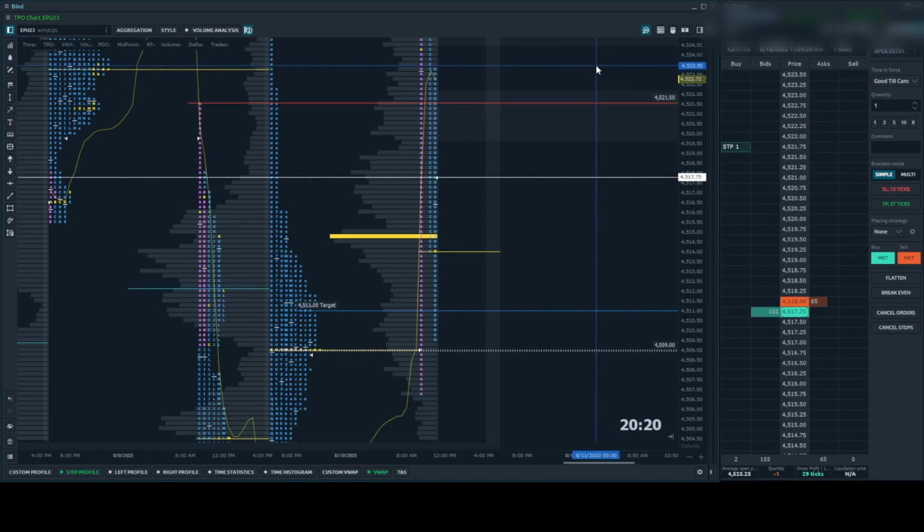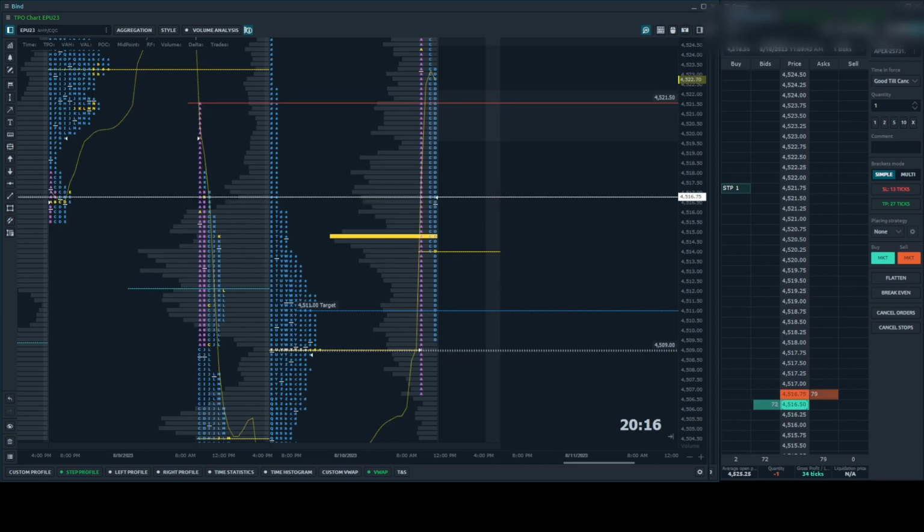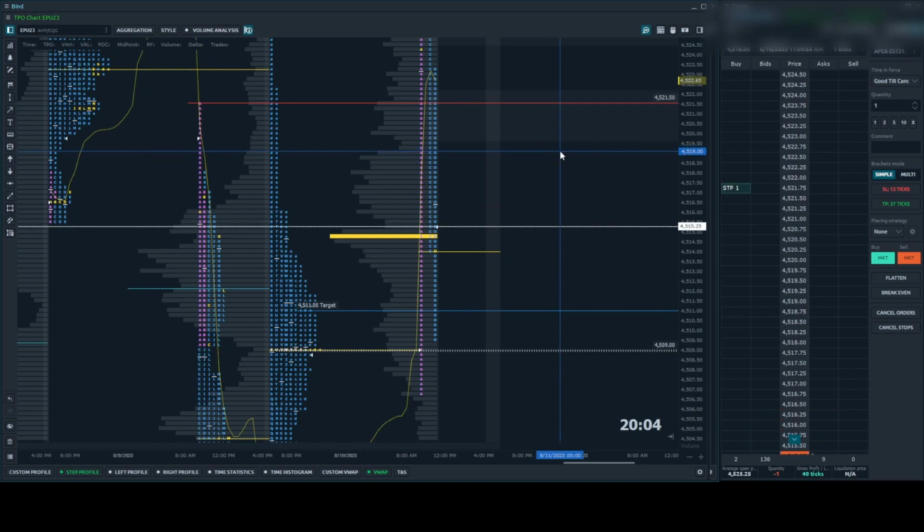So our stop would go back up to 2350. We've got to look at 1925 or so.